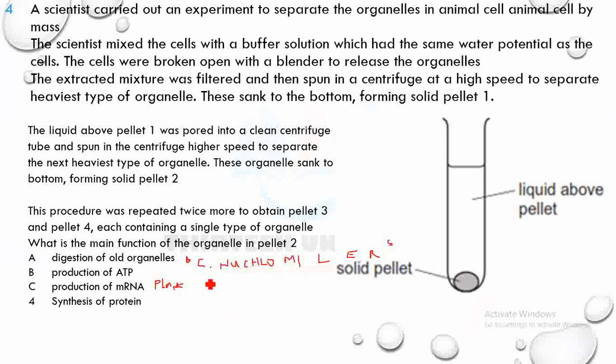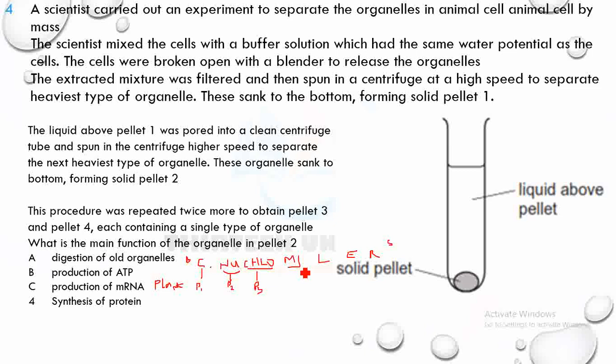So if we are working on plant material, the cellulose will be our pellet 1, the heaviest. Then we drain the supernatant into the next centrifuge tube and carry out the same centrifugation. The second pellet will be nucleus, the second heaviest in plant material. The third heaviest is chloroplast, so that's P3.